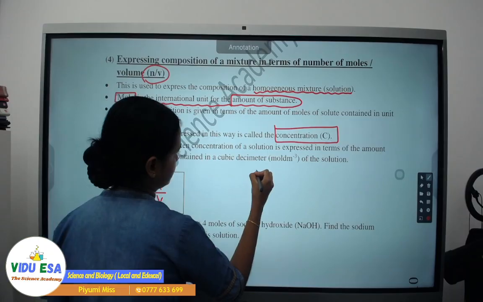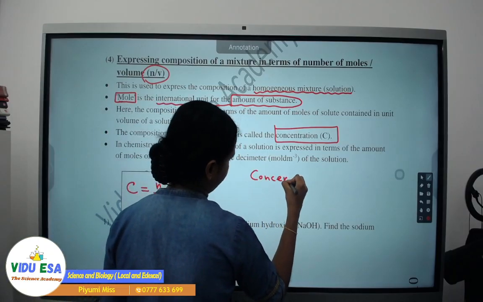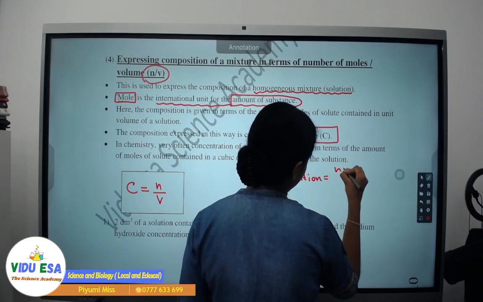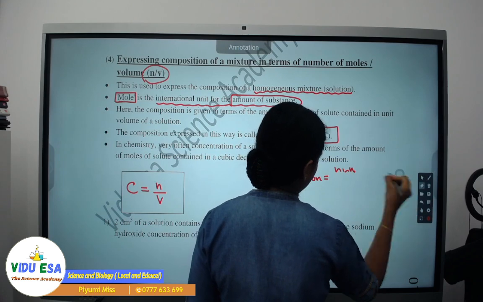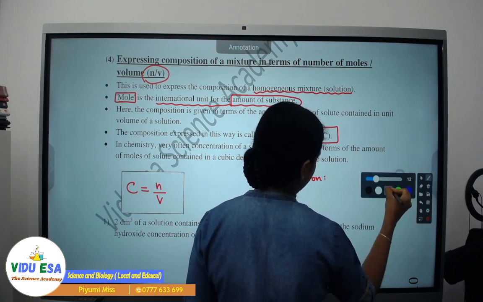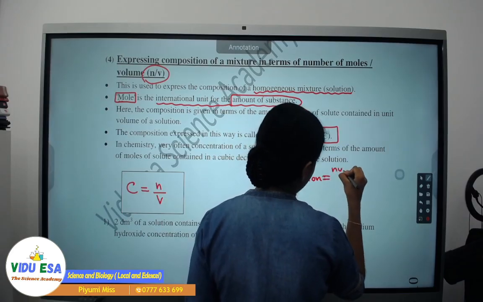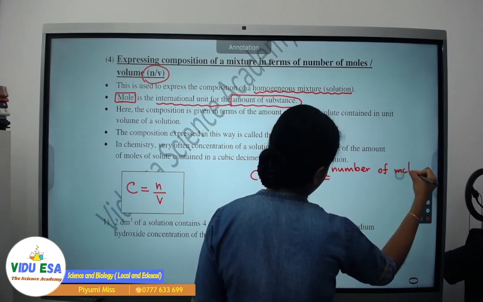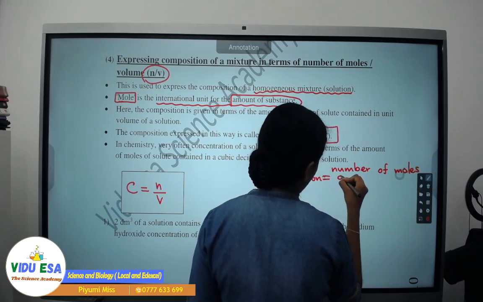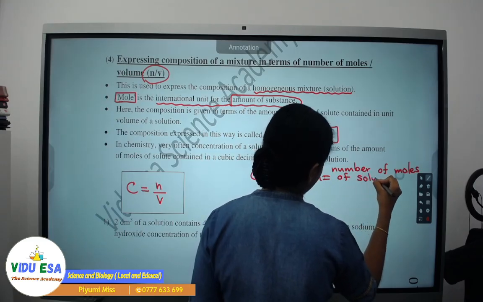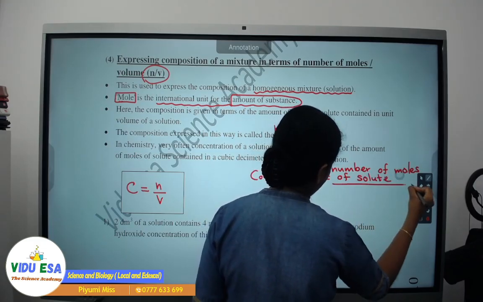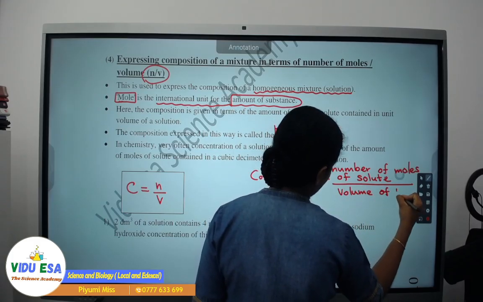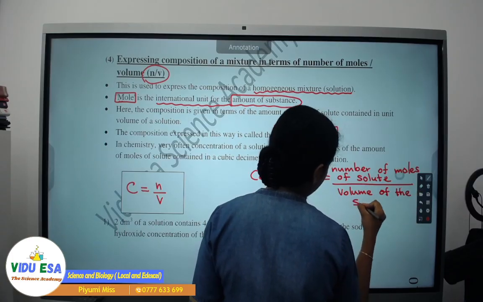Concentration equals number of moles of solute divided by the volume of the solution.